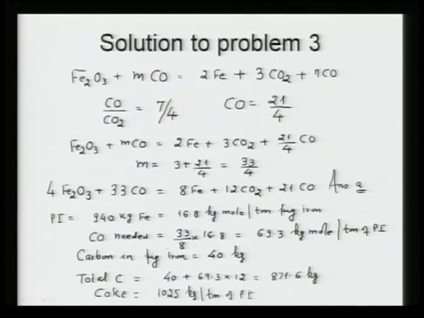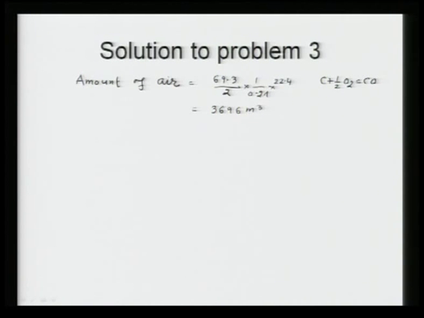So, then further we can calculate the amount of air, that will be equal to 69.3 by 2, because C plus half O2 is equal to CO, into 1 upon 0.21 into 22.4. So, that gives us 3696 meter cube, that is the amount of air.